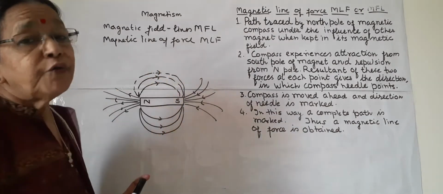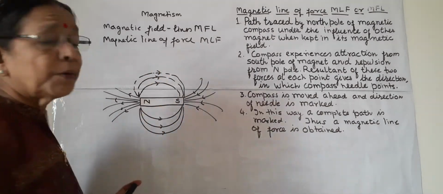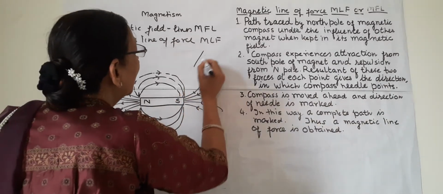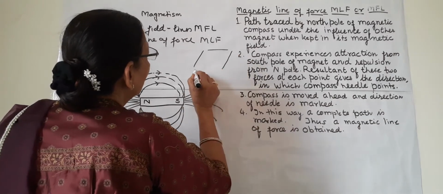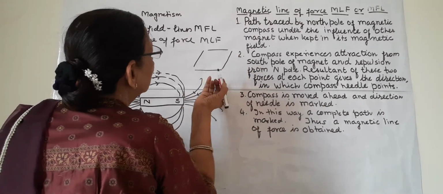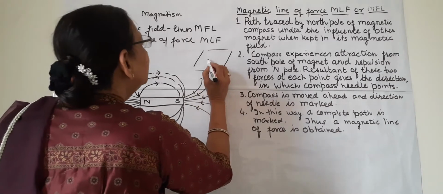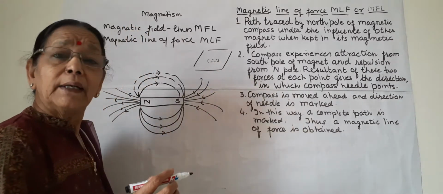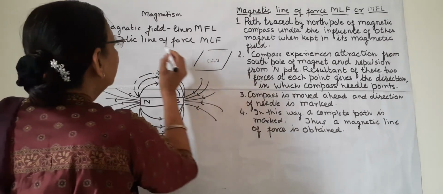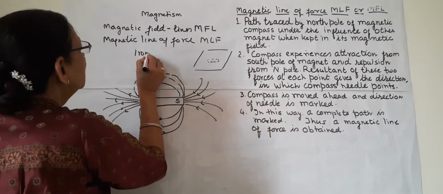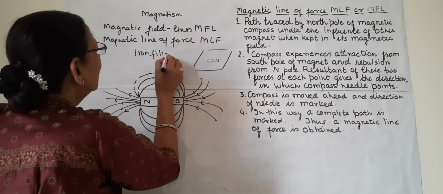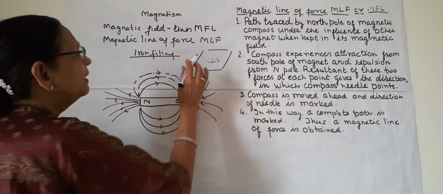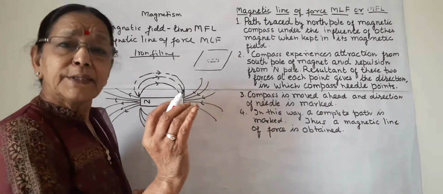So these can be drawn by two methods. The first method is we take a hardboard and put a bar magnet under this hardboard. Under, not above. A bar magnet is put under this hardboard, and iron filings, which are small iron pieces, very small, thick, thin, are spread on this board.